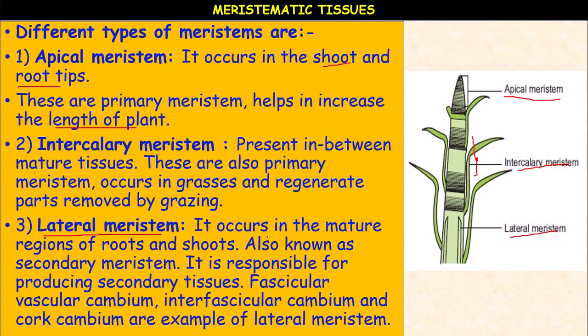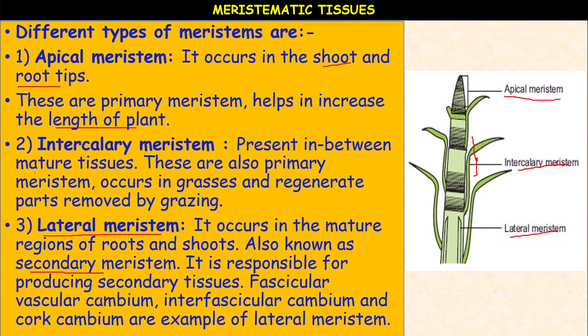Lateral meristem occurs in the mature regions of the roots and stem, whereas intercalary is in between the mature tissues. They are also known as secondary meristems. Intercalary meristem and apical meristem are primary meristems, but lateral meristem is a secondary meristem.